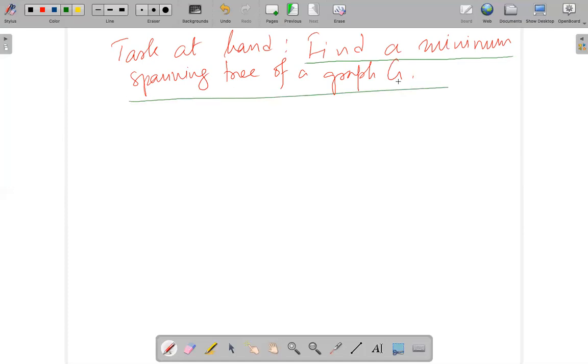Given an input graph G, we want to find the spanning tree of that graph of minimum weight. Can we have a solution for this? It seems that we can actually have a greedy solution for this problem.